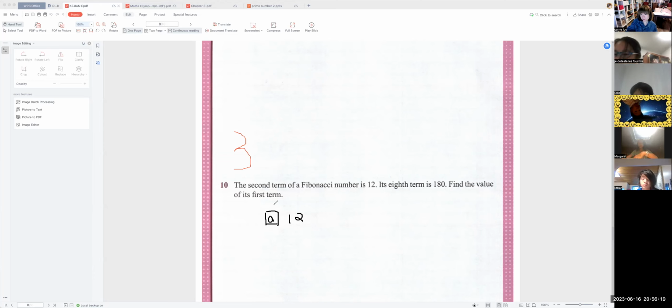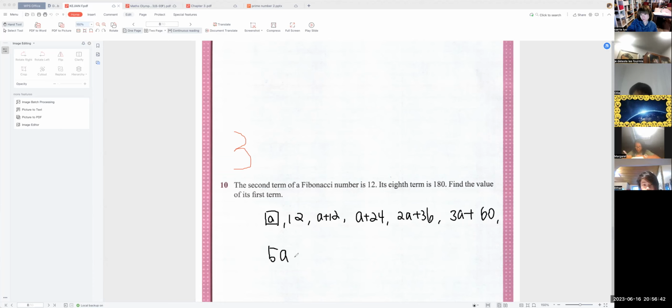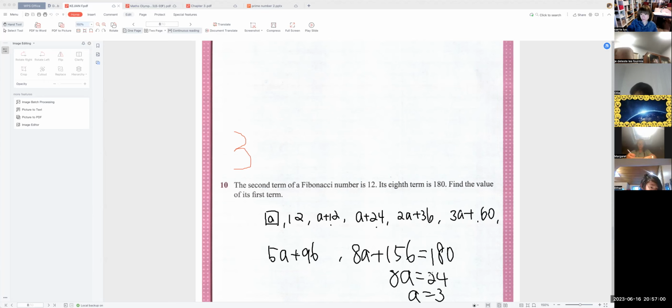I'm just making the first one A, the second one 12. So the third one will be A plus 12. And the fourth one will be A plus 24. And the fifth is 2A plus 36. 1, 2, 3, 4, 5. The sixth will be 3A plus 60. And the seventh is 5A plus 96. 1, 2, 3, 4, 5, 6, 7. Then what is the eighth? 8A plus 156, right? So they equal 180. So 8A equals 24. So A equals 3. Get it, everybody?